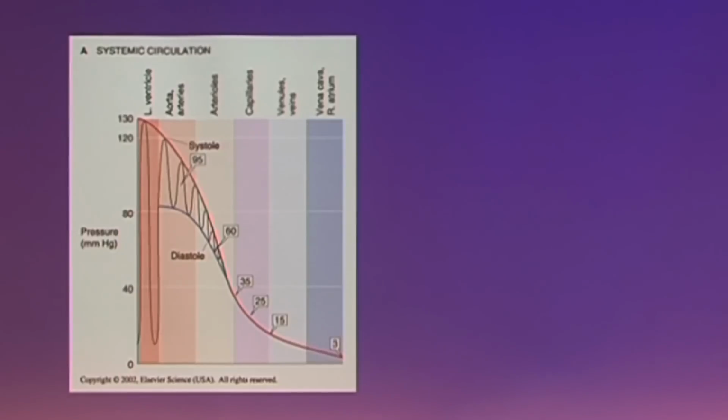Another thing you can see, you see those oscillations in the pressure with that black line. Do you see by the time we get close to the capillaries, the oscillations have ceased completely? The pressure is steady, drops, but steadily. And that's quite important for the exchange in the capillaries.